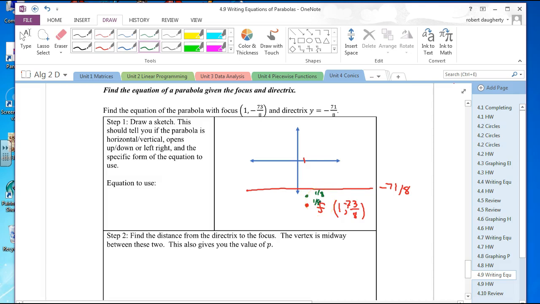So this parabola is going to open down. P is going to be a negative number. What's P? Negative 1/8. So the equation I'm going to use is y minus k equals 1 over 4p times x minus h squared, where p is negative 1/8. How do I find the vertex?